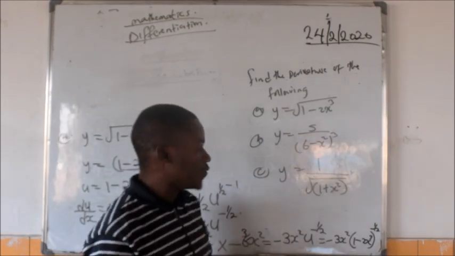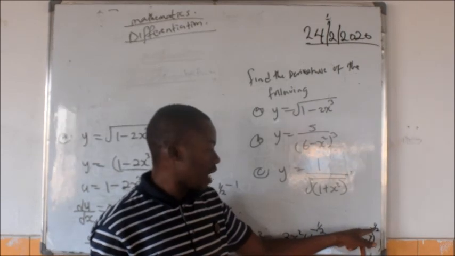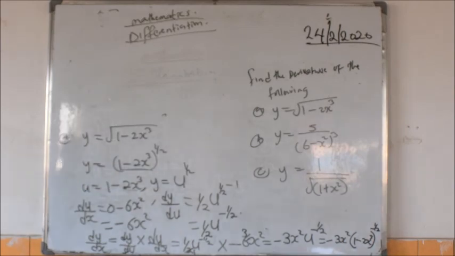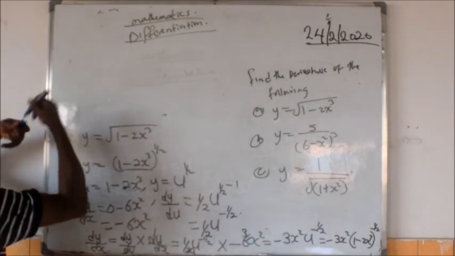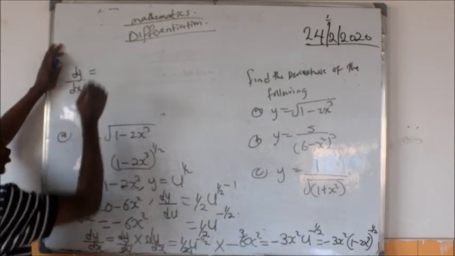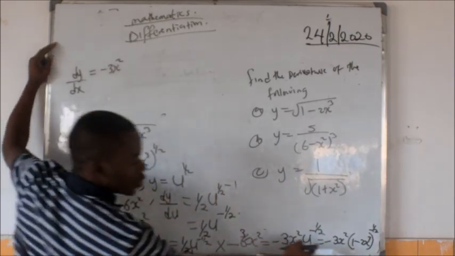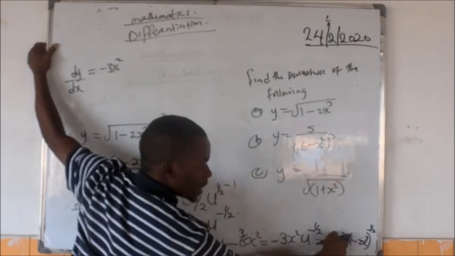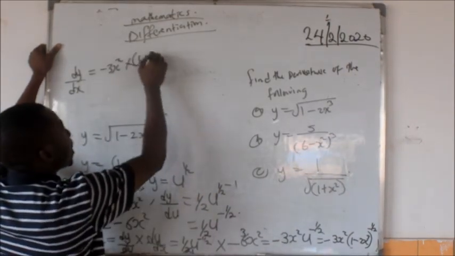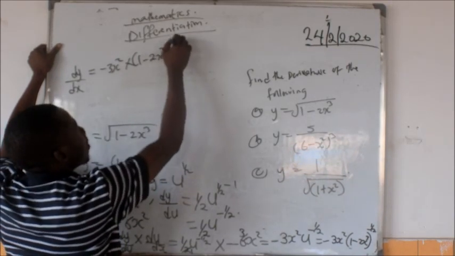So you can either leave your answer in this form or you go ahead and eliminate this minus. How will you do that? Okay, let's come up here. Then our dy over dx is now equal to minus 3x squared, and between this minus 3x squared and this one there is multiplication, that means multiplied by 1 minus 2x raised to power 3, everything raised to power minus 1 over 2.